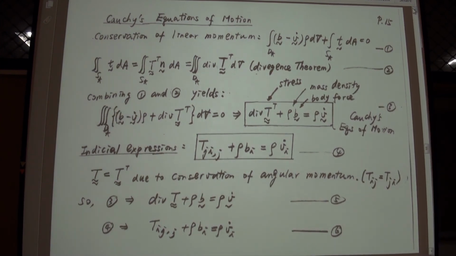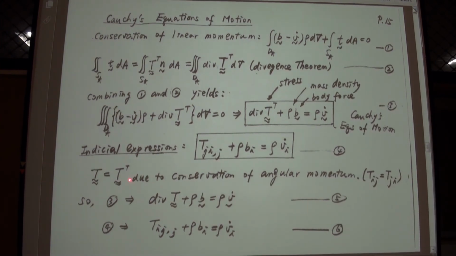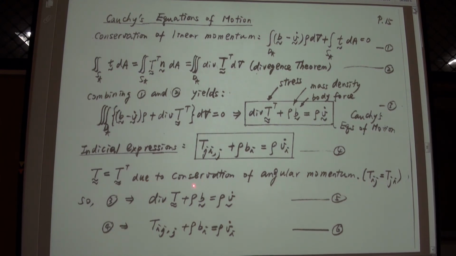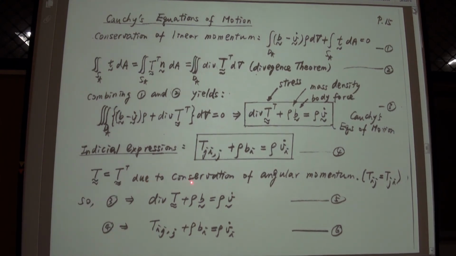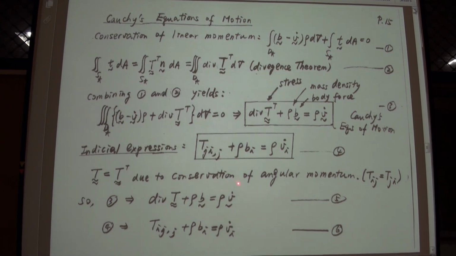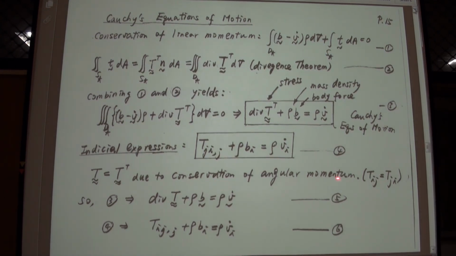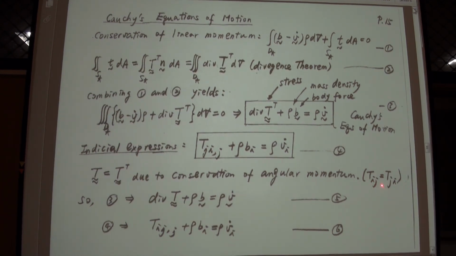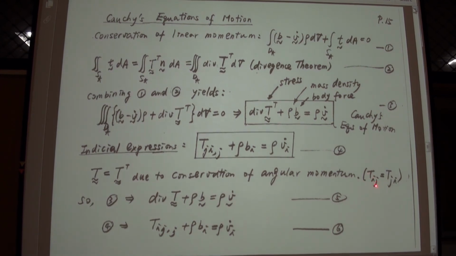Why? Because the stress tensor is symmetric. This is true and can be proved by the conservation of angular momentum. We skip this proof and just take it for granted, because in the learning process you have already got the idea that the stress tensor is always symmetric.